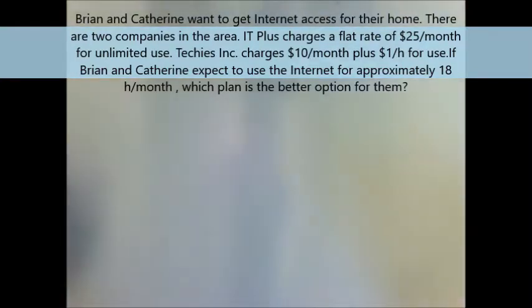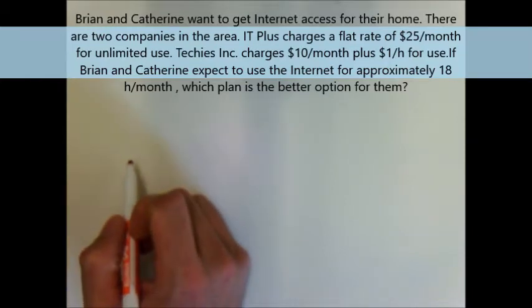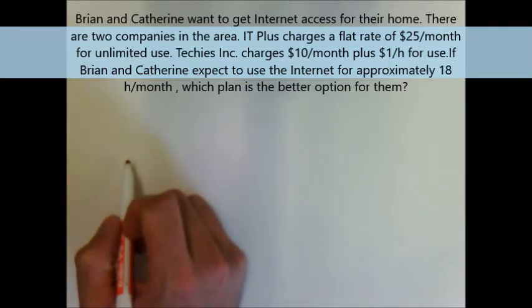First, we need to represent each situation with an equation. Then we're going to graph it, see where the two lines intersect, find where the cost is the same. In order to graph these situations, we need to have two equations. So we need to introduce our variables. Step 1, introduce our variables.